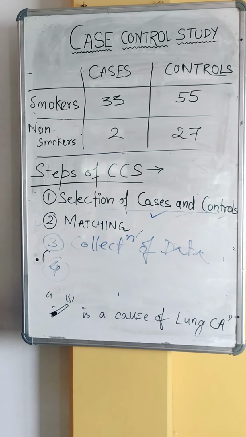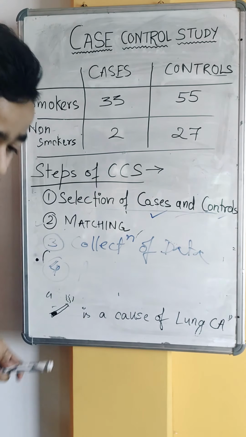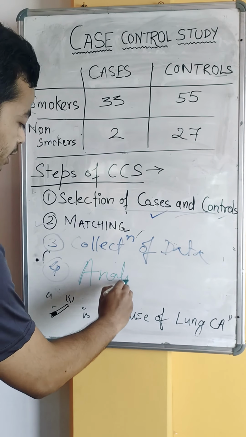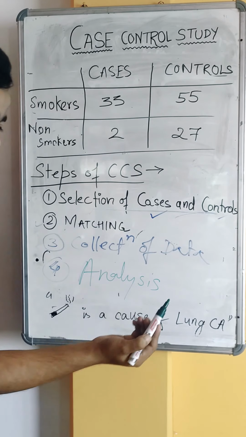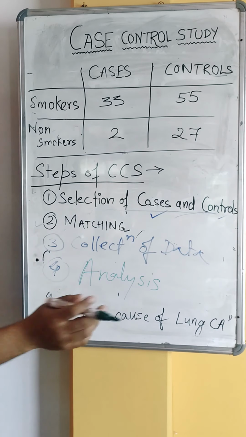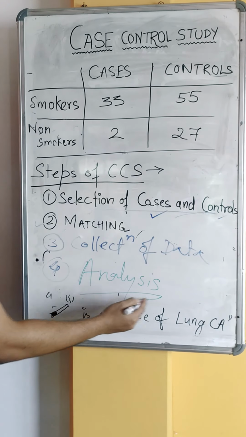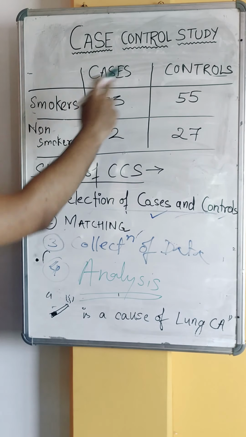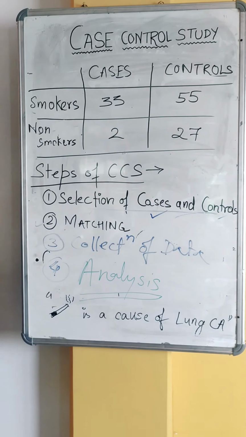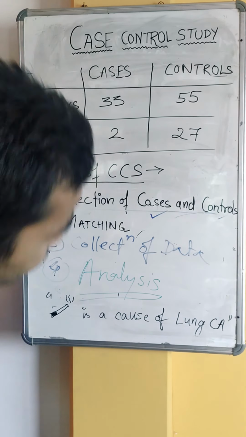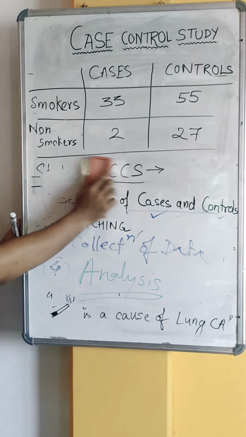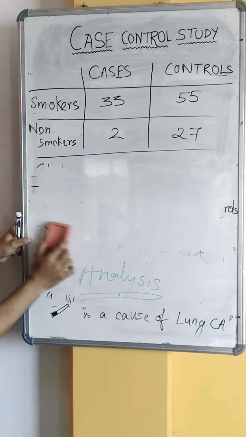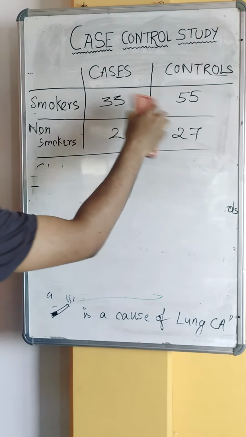The fourth step is analysis of the data. So how to do analysis of this data? Let's see, okay? I have taken an arbitrary example where I have given certain numbers in this table.